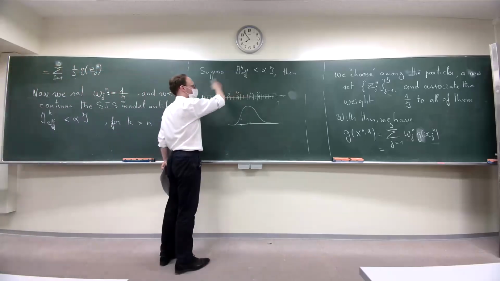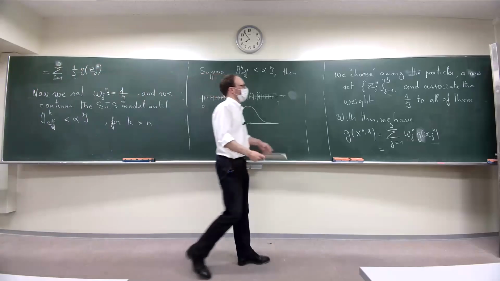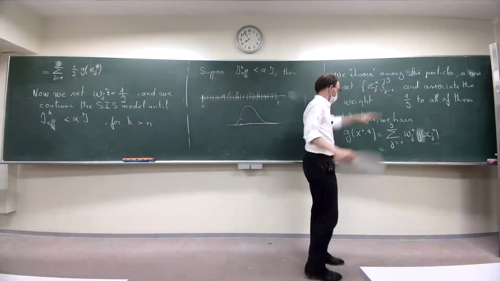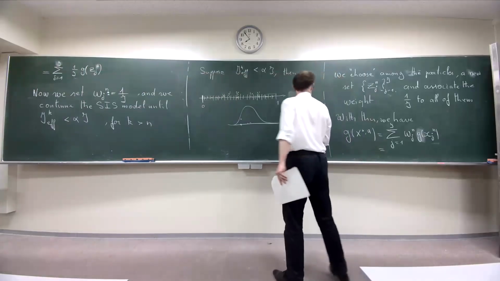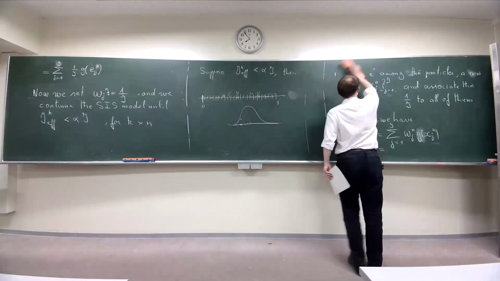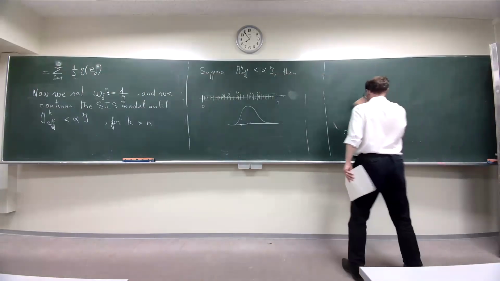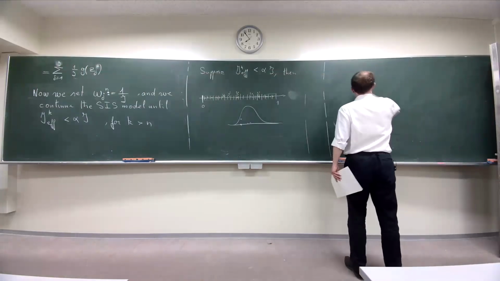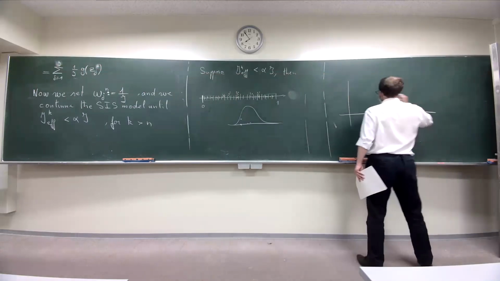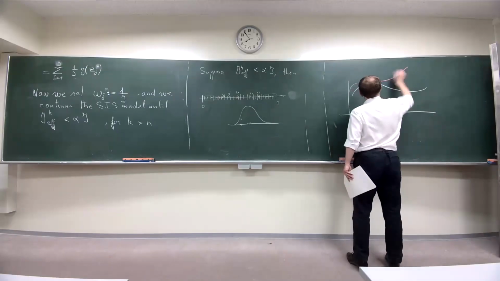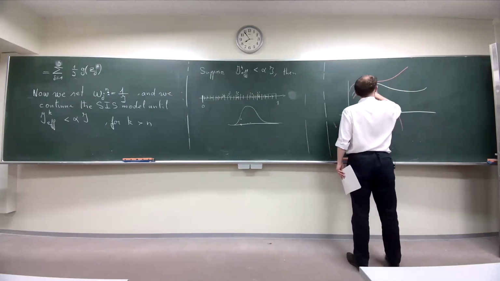We have these weights, this distribution of weights. We collect the particles. Or maybe I can draw a picture of the process now. We have the truth and the particles moving too far away.